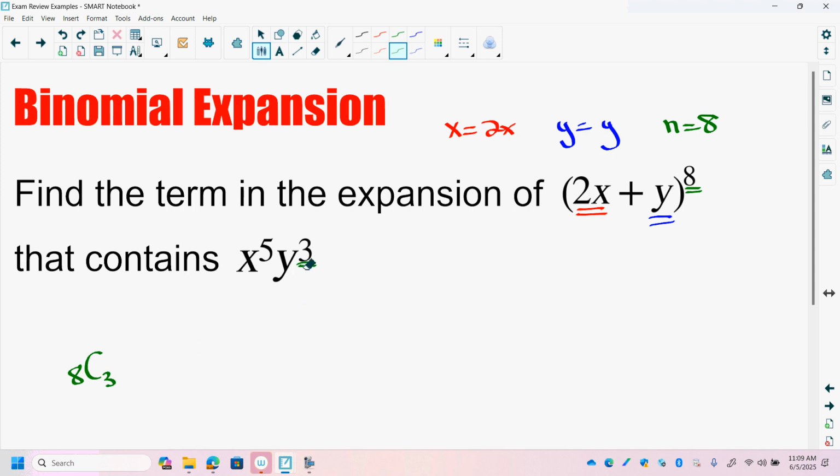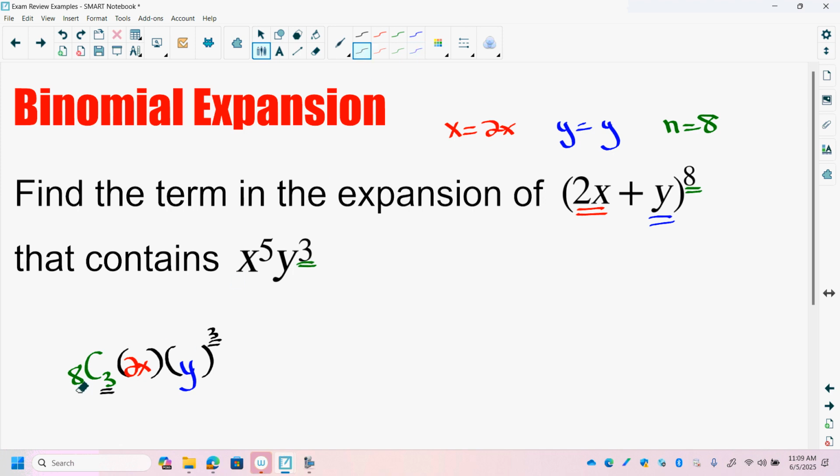If I only want the term that has the y cubed, I know that if this is 8c3, that's the one that's going to have a y cubed. I'd fill a 2x in here, a positive y in here. If that exponent's a 3, what's this one have to be?